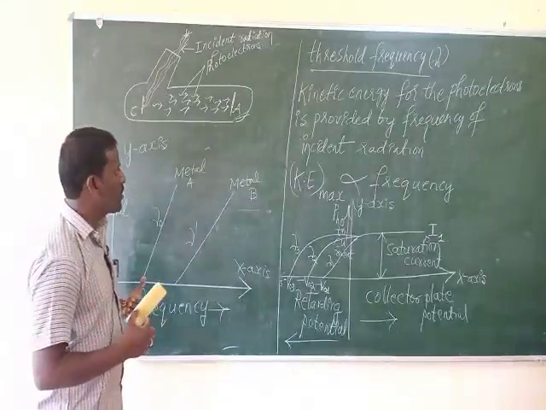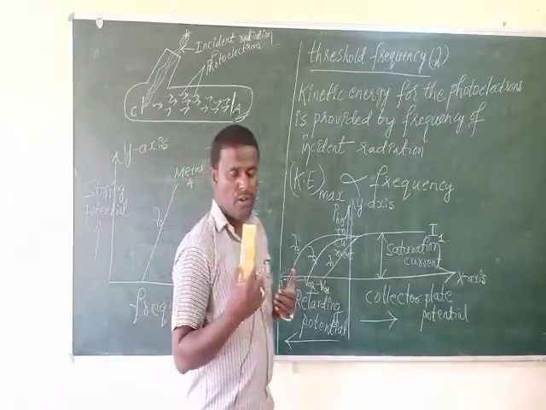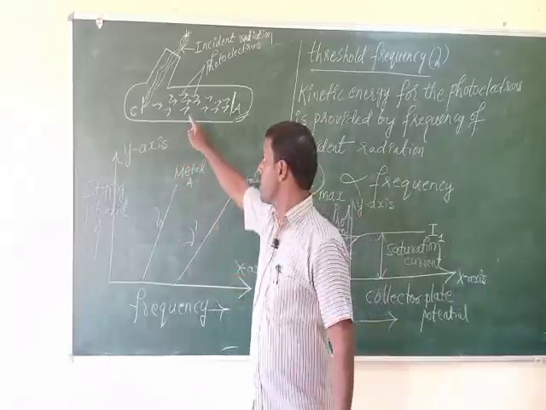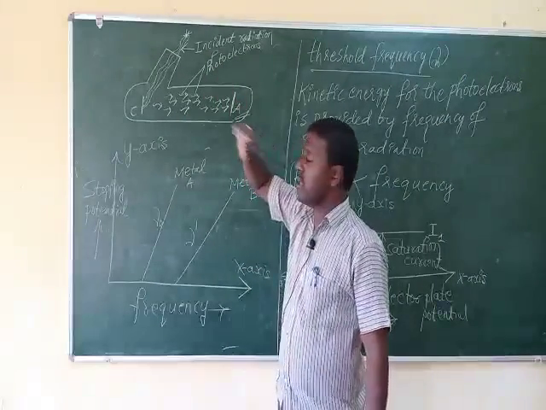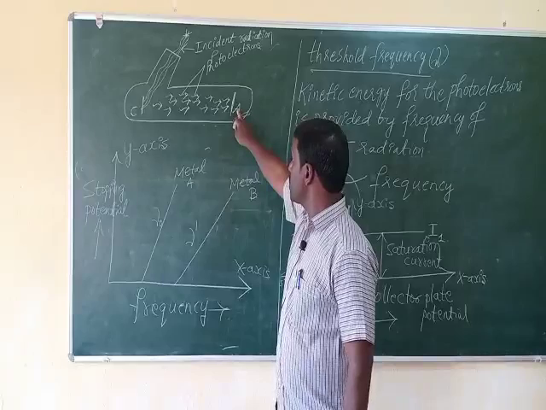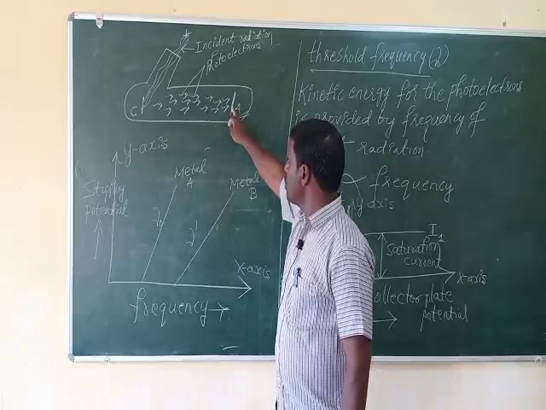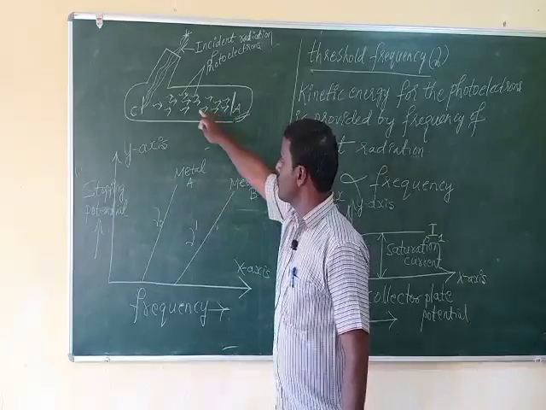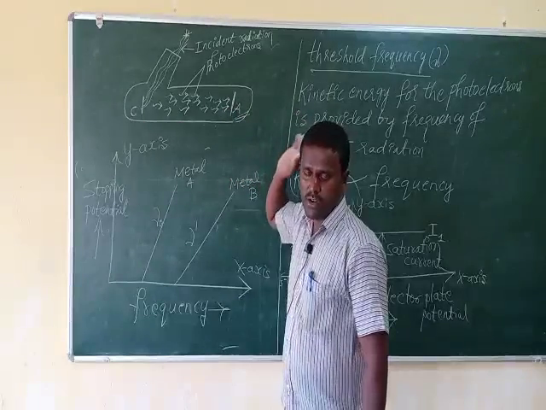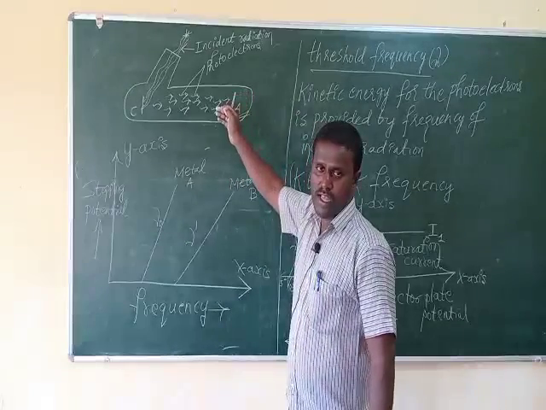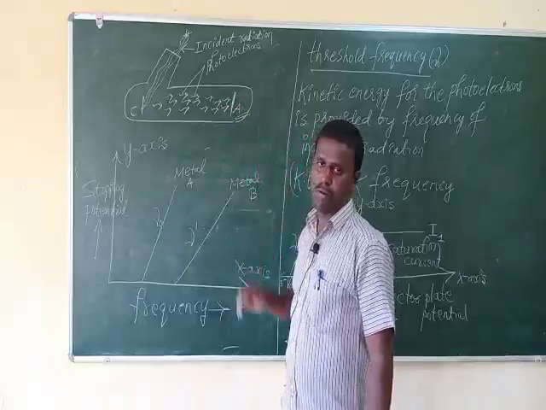So as the stopping potential and frequency increase, the kinetic energy increases. And you need to apply more negative potential to the plate A to stop the electrons which are coming from plate C to plate A. That's why I am telling you here frequency is directly proportional to stopping potential.